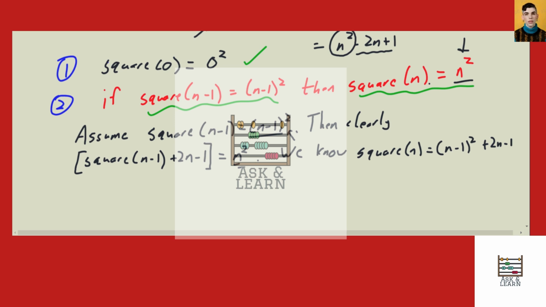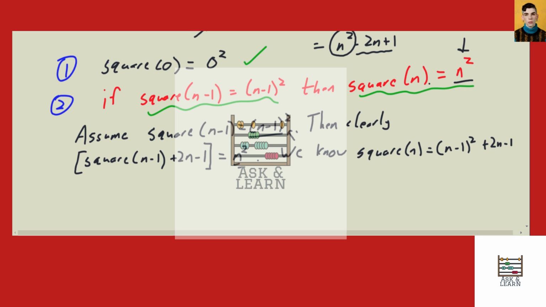Let's see. So, oh, here it is. So at the beginning, we assumed that square of n minus 1 equals n minus 1 squared. So we can keep using that fact.